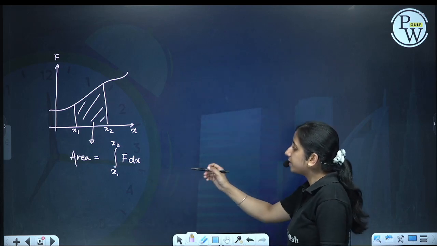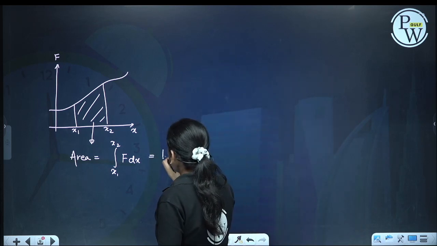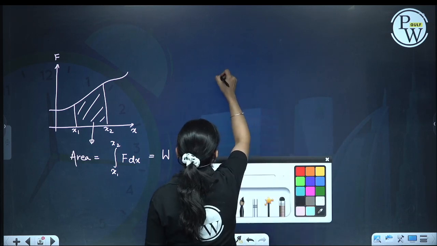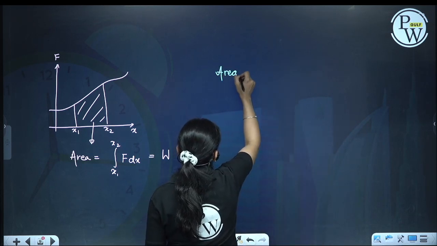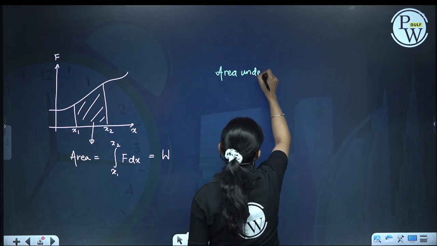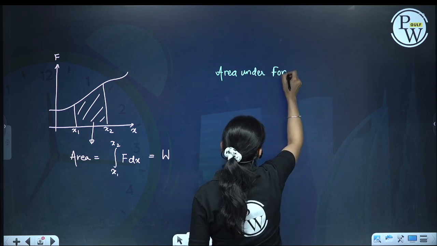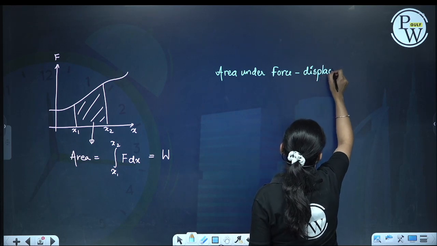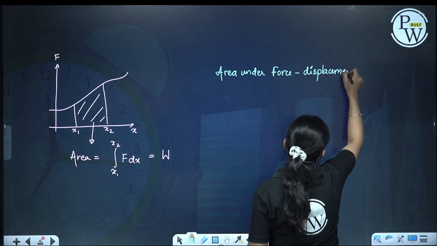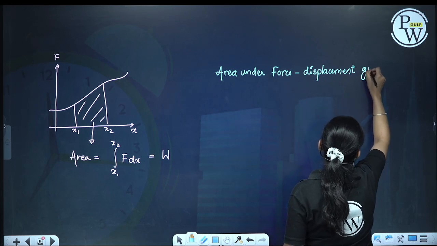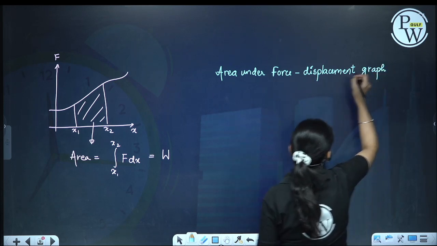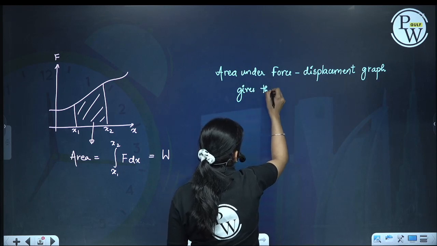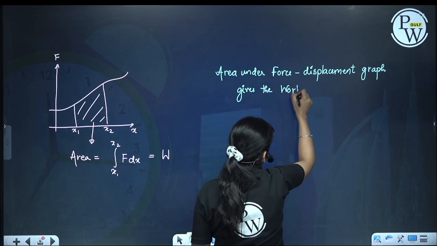Now see, what is this? This is work done only from x1 to x2. So area under the force displacement graph gives the work done by the force.